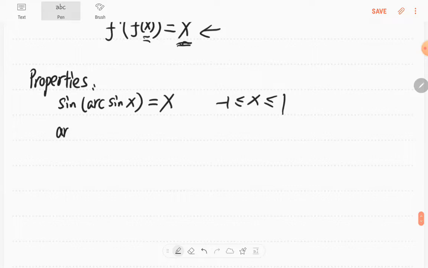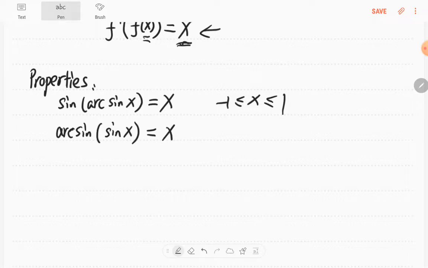Arc sine of sine x. So it's equal to what? Equal to x, right?